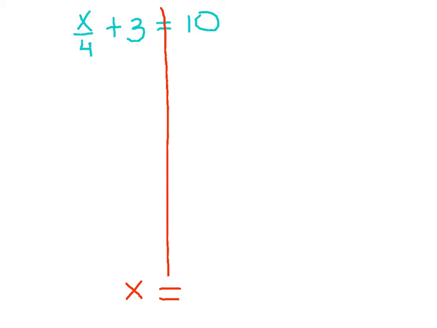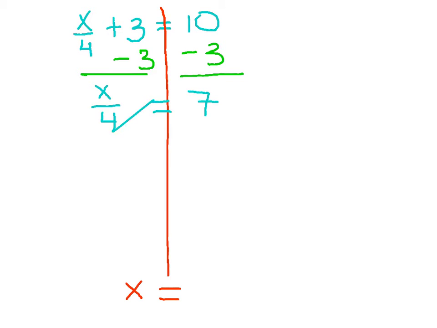So I look and I see, okay, I have an addition here, and I want to get rid of that first. So to undo a plus 3, I'm going to subtract 3 from both sides of the equation. And when I do that, I'm going to end up on this side with x over 4 is equal to, and then 10 minus 3 is 7. And as I look here, I have division.